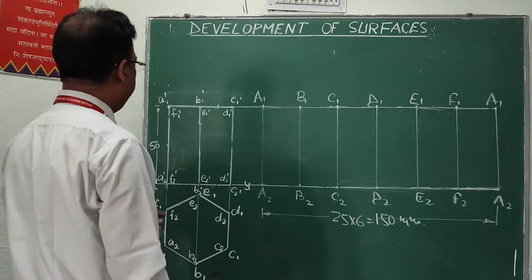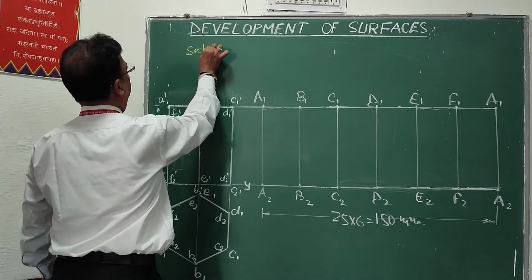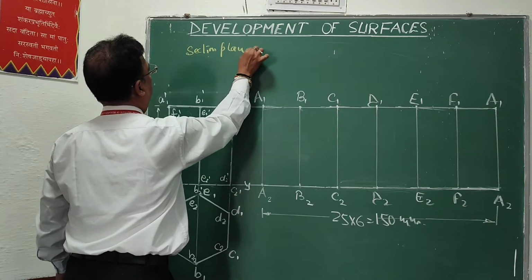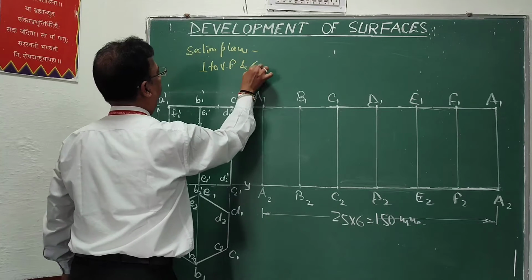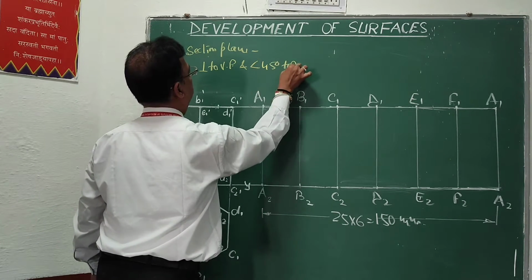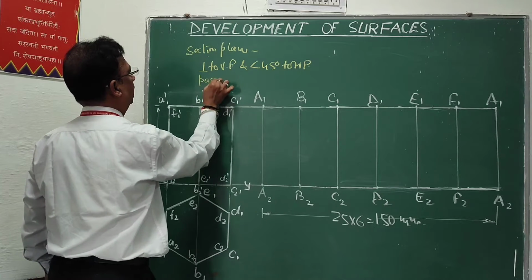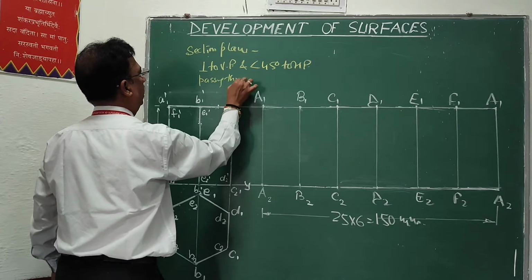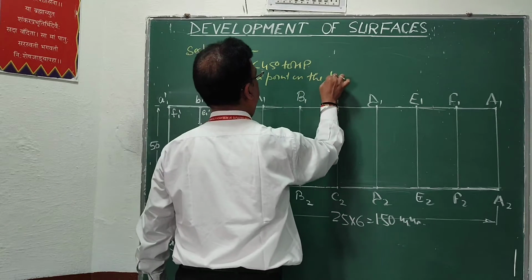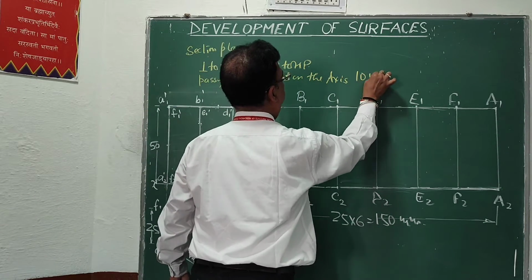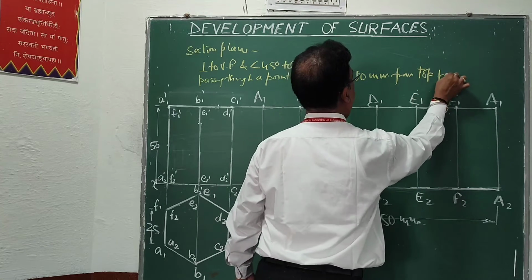But suppose now I am going to cut this solid by a section plane which is cutting this solid, and the section plane will be perpendicular to VP and inclined 45 degrees to HP, passing through a point on the axis 10 millimeter from the top base.